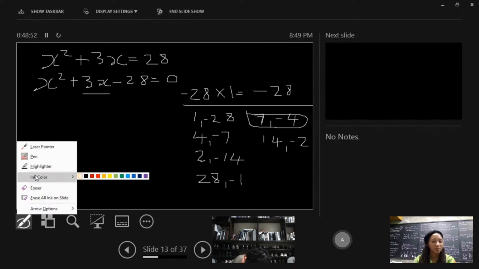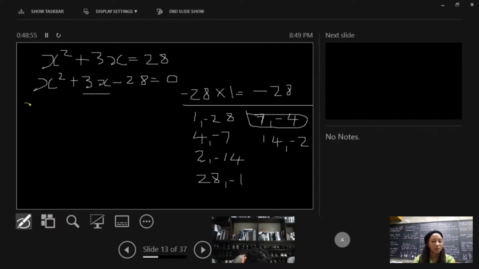So x squared minus 4x plus 7x minus 28. Remember, this is an equation. Even though we're not going to solve it, we still have to put back the equals 0, right? Okay. So we're grouping these two terms.